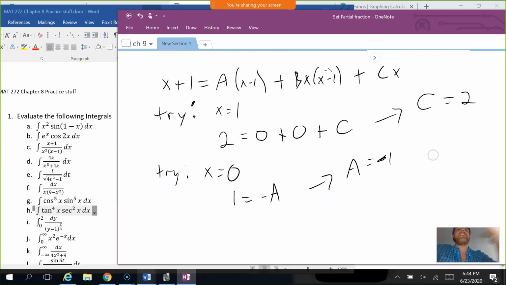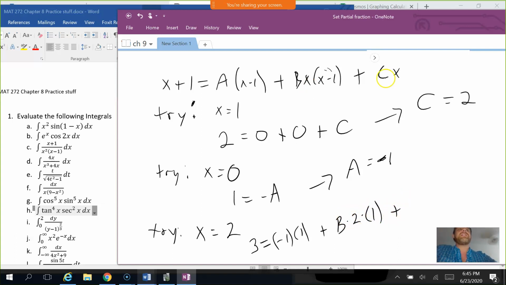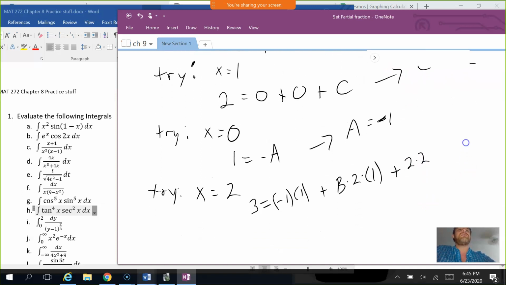The last thing I'm missing is the b, and I've kind of run out of numbers to try to make stuff disappear. So I'm just going to plug in maybe 2 and see what happens. If I plug 2 into the left, I get 2 plus 1, which is 3. Then I'm going to have the a, remember the a was negative 1, times 2 minus 1, which is 1, plus the b, I don't know what that is yet, times 2, times 2 minus 1, plus the c was 2, times the x squared, so 2 times 2, 4.